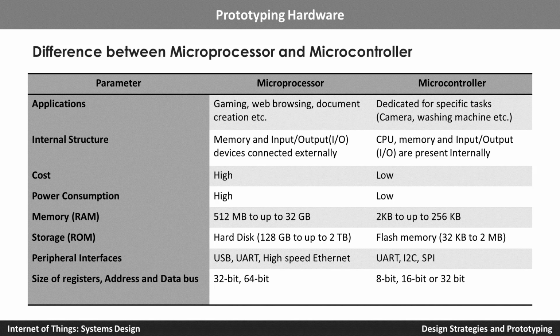Microcontrollers will have UART, I2C, and SPI. In terms of the size of the registers, addresses, and data buses, microprocessors work on a 32 or 64-bit address space, and microcontrollers work on an 8, 16, or 32-bit address space.